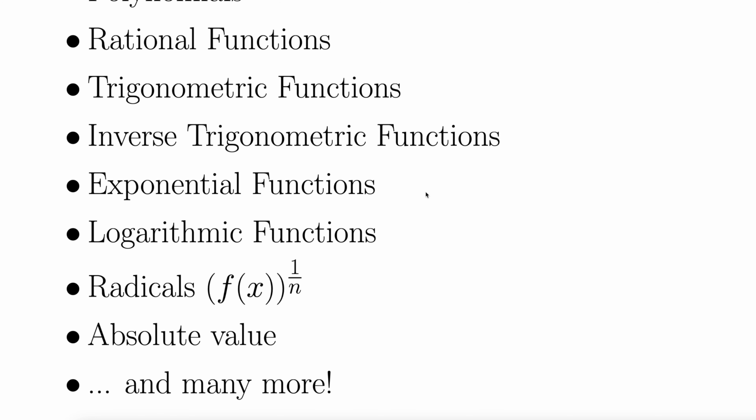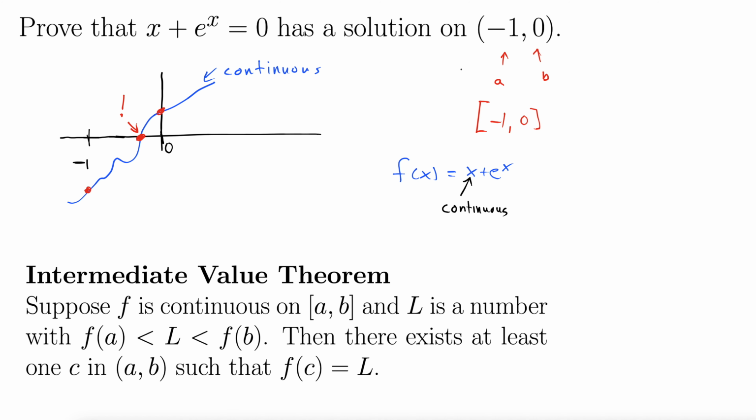Also logarithmic, radicals, absolute value, and so on. So many continuous functions. Right now, though, we have exponential functions, which is what we need for this example. So e to the x is continuous. And we know that the sum of two continuous functions is continuous, thus f of x is continuous. It's continuous everywhere, including the closed interval -1 to 0.